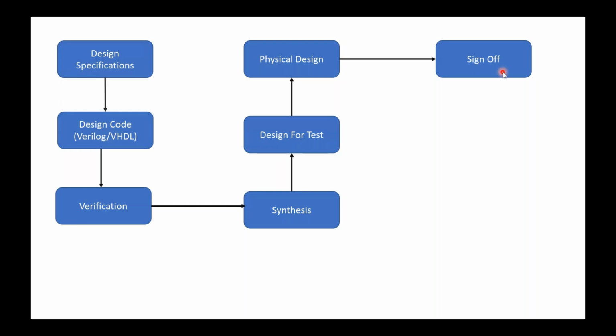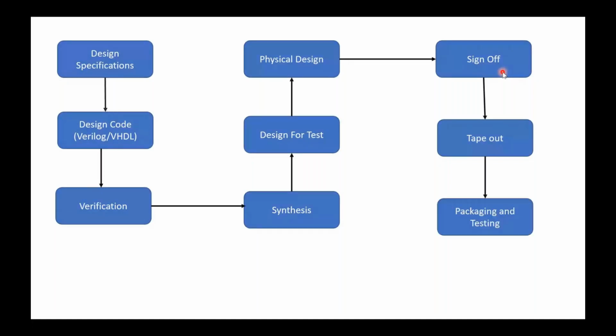Next is tape out. Tape out is delivering the database to the manufacturing unit. And next we have packaging and testing. This is how a chip will look like. This is a wafer, and this wafer is made up of small areas called dies.